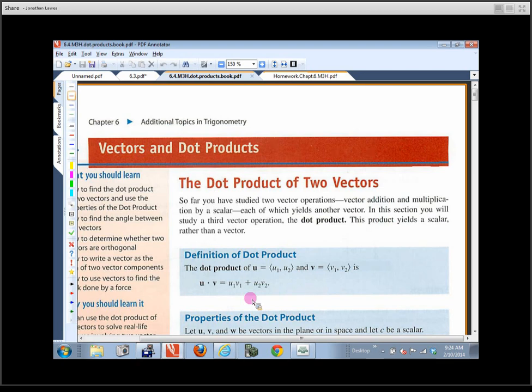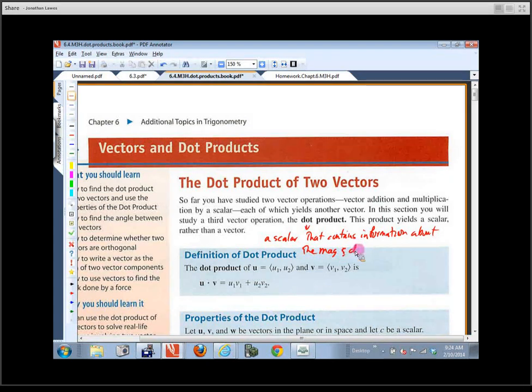Okay, I'd like you to write down what the dot product is, or what I would consider it to be. It is a scalar that contains information about the magnitude and direction of the two vectors.